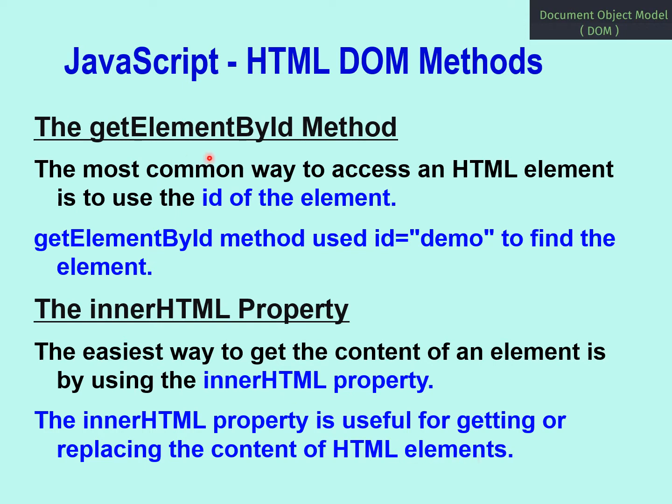So the getElementById method is the common way to access an HTML element by giving the ID of the element, and the innerHTML property is used for getting or replacing the contents of an HTML element.